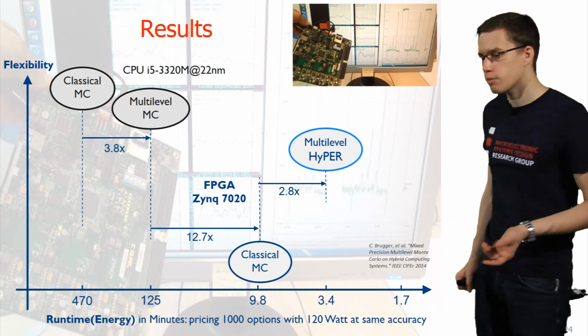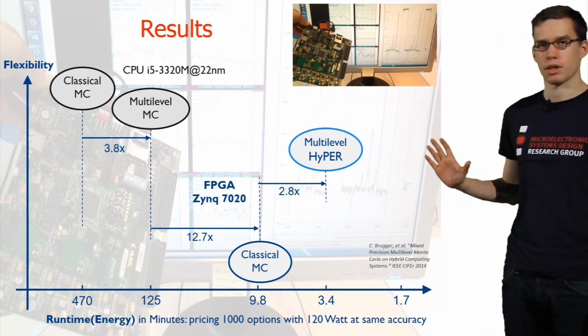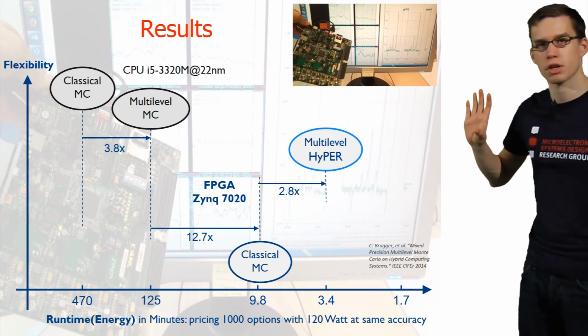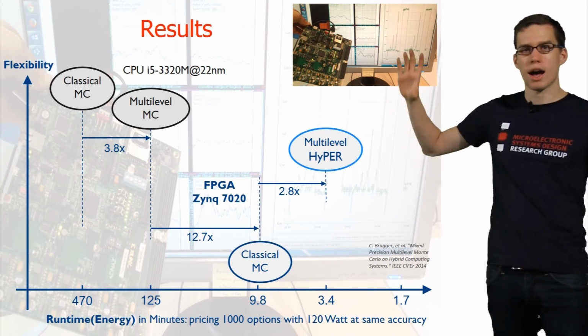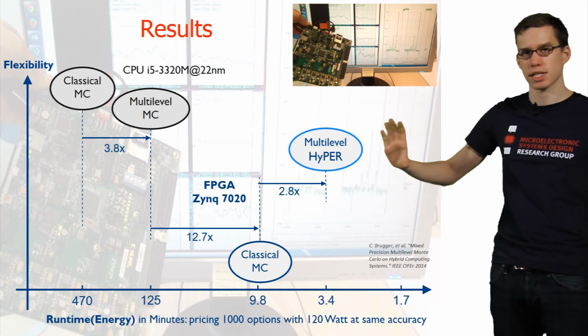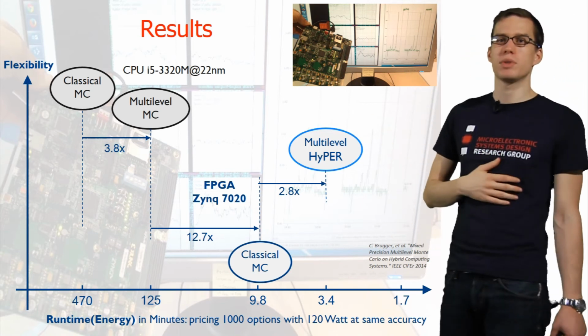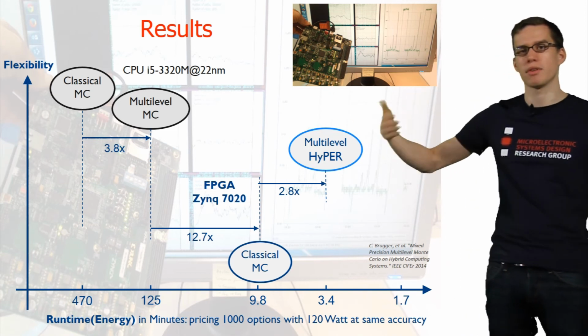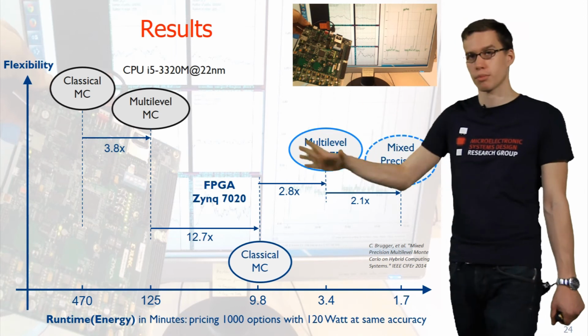In addition to that, we also looked at mixed precision ideas. I just want to mention it here. I have not presented it here, but the basic idea is, we have the different Monte Carlo levels. You have seen the coarse and then finer corrections. And the point is, we don't have to use floating point on every level. In the multi-level Hyper, and also on the CPU, we're using floating point everywhere.